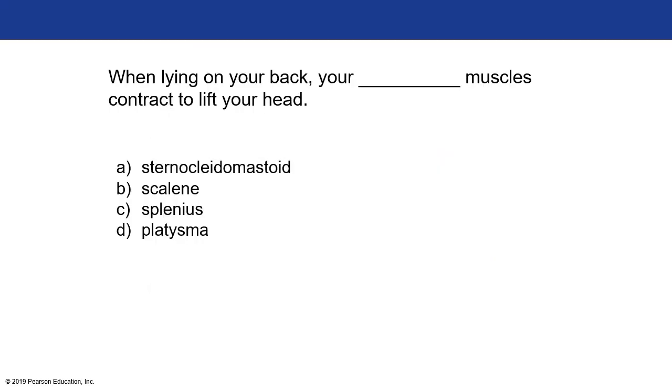And here comes your first question. When lying on your back, which of the following muscles contract to lift your head? The answer here is A, sternocleidomastoid muscle. We just mentioned that.